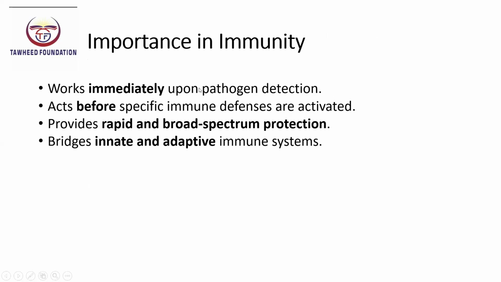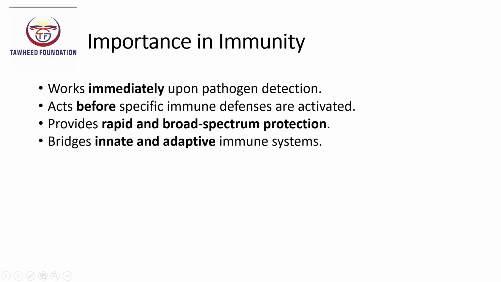Next is importance in immunity. The complement system is extremely important because of its speed and efficiency. Unlike antibodies, which take time to be produced after exposure to a new antigen, the complement proteins are preformed in the blood and can act immediately once they detect a pathogen.